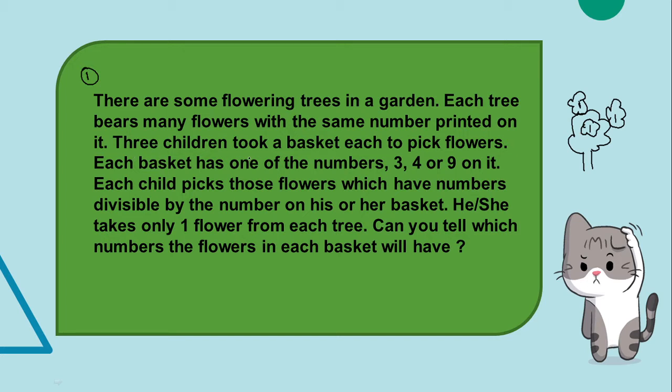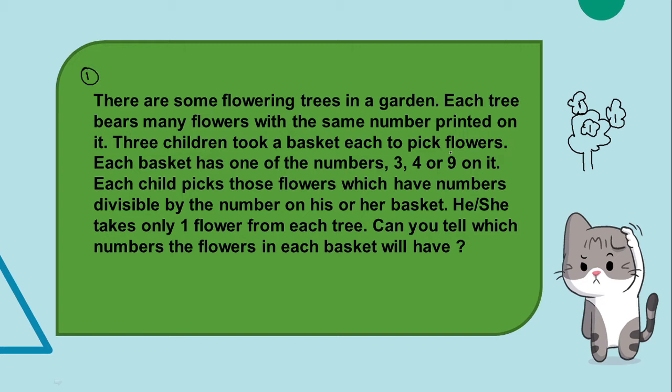Then three children took a basket, each to pick flowers. As all children love flowers, there were three children who were also loving the flowers. In order to collect the flowers, they went to the garden, and they have taken a basket. Now, let's see what special we have with the baskets.